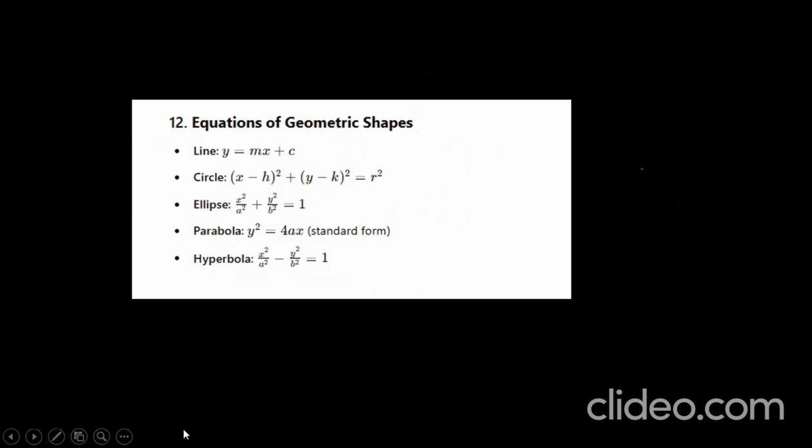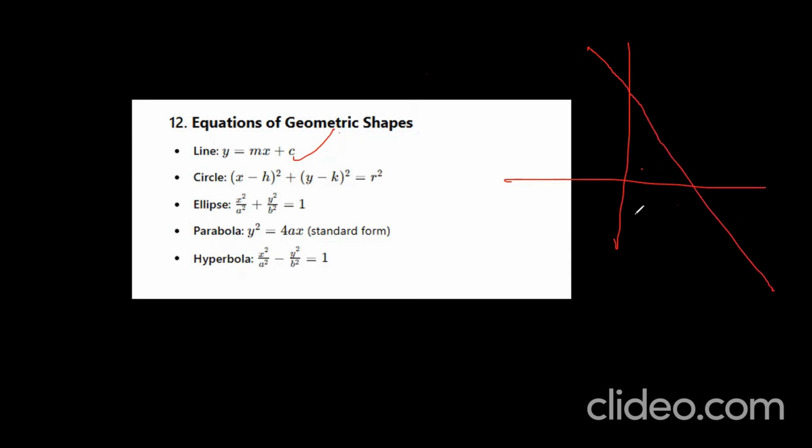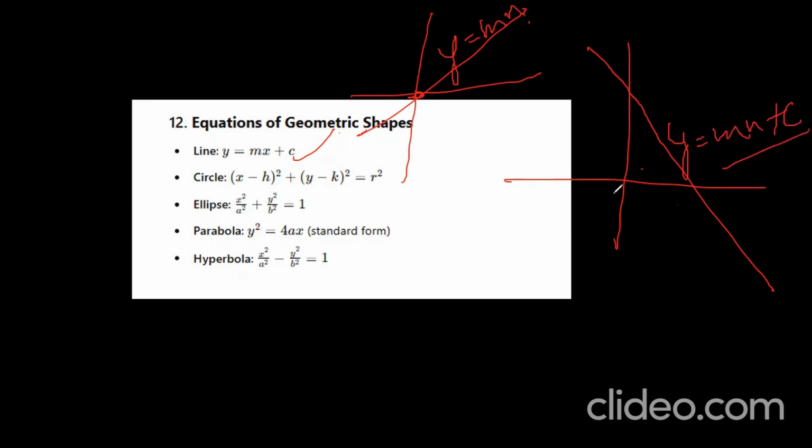Next, equations of geometric shapes. Here y is equal to mx plus c is a line which is not passing through the origin. Any line which passes through the origin is y is equal to mx. For a circle, the equation is x minus h whole square plus y minus k whole square is equal to r square.